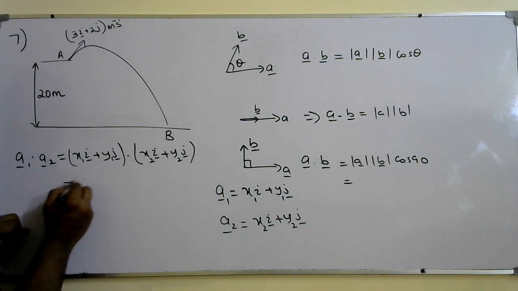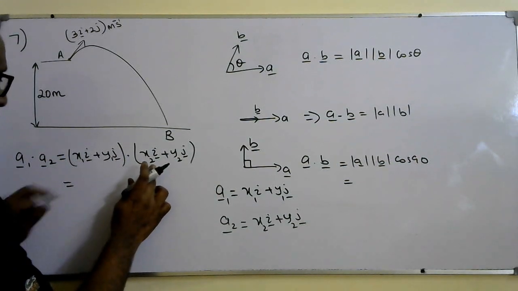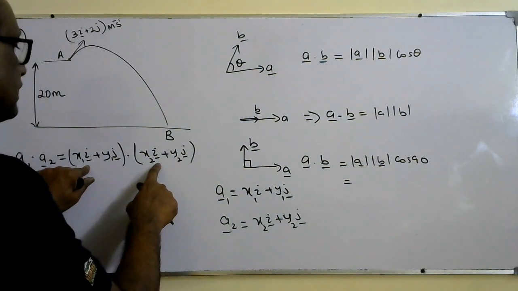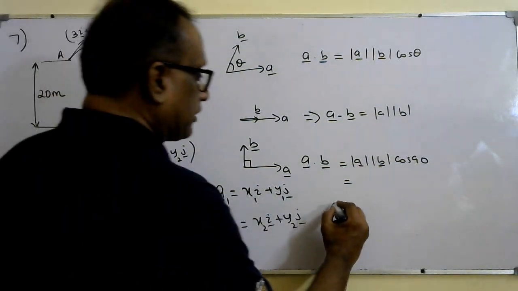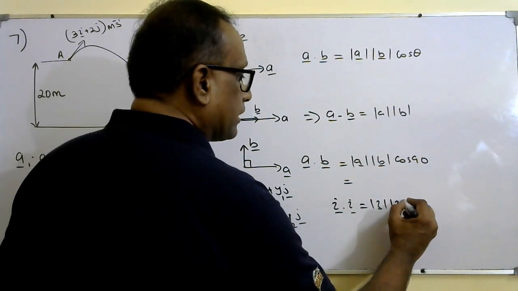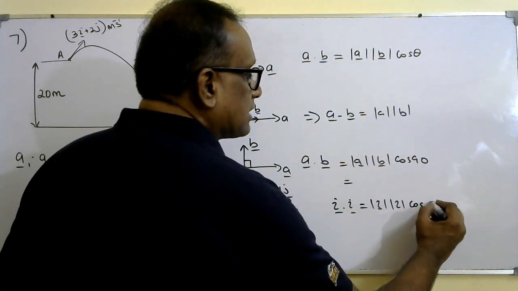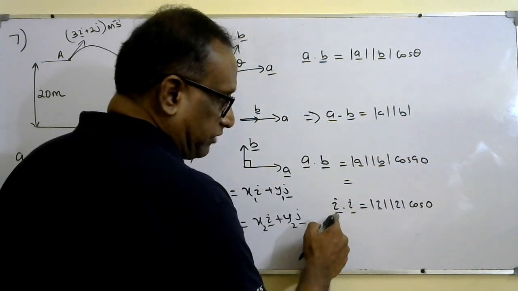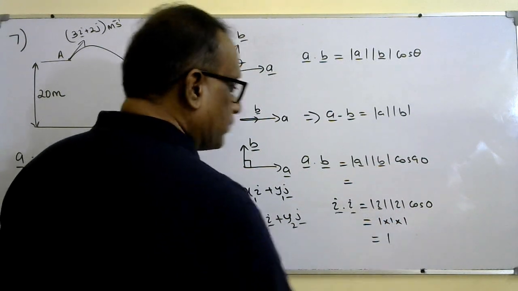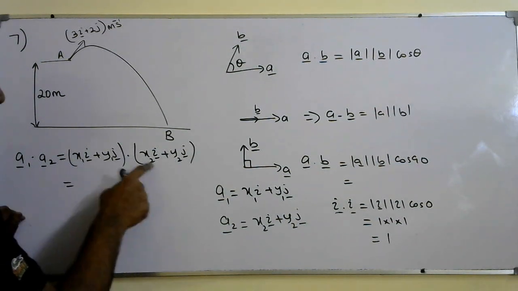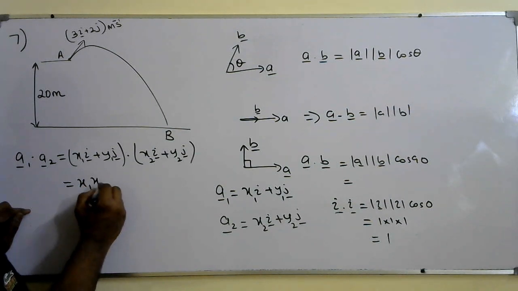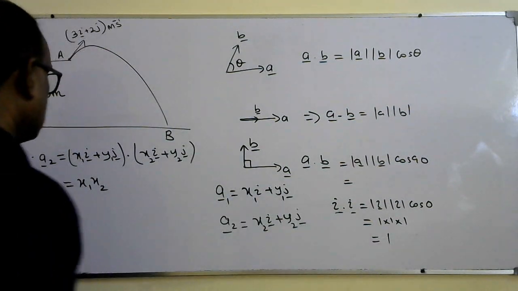Just normal algebra: x1 and x2 are scalars. How much is i dot i? Mod i times mod i times cos 0. i is a unit vector, so 1 times 1 times cos 0 is 1. So x1 i dot x2 i gives x1 x2, since i dot i is 1.